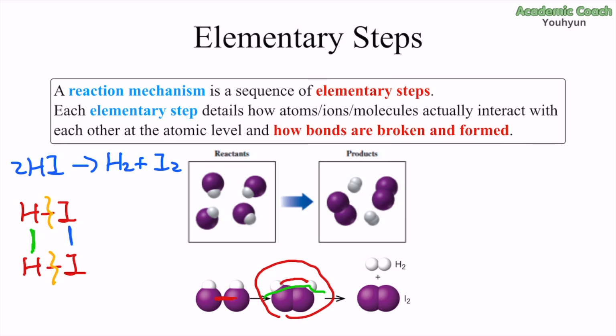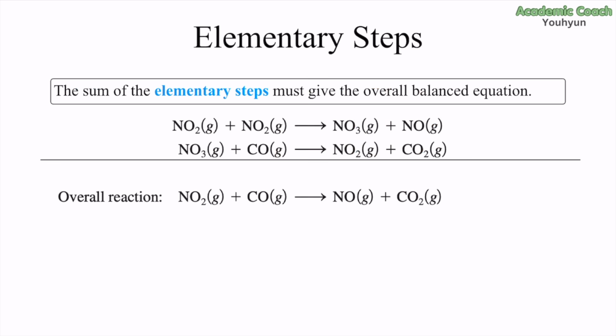So there will be 2 steps, 1 step, and then the 2 steps. And how we know if the elementary steps are proposed correctly is by adding them up. The sum of the elementary steps for a given reaction mechanism must be equal to the overall balanced equation.